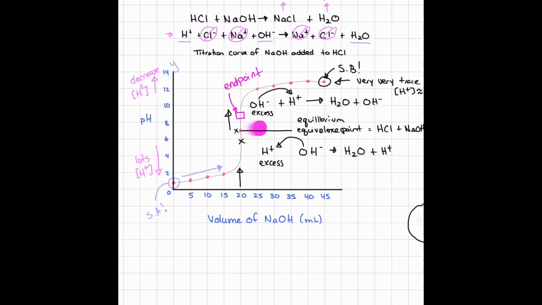As you keep adding more and more, you'll start to see that the color is going to go to a very dark, pretty magenta color. And you want to end your titration when you notice there is a plateau happening here, and that means all of your H+ ions have been consumed. Much like over here, when you started off with 0 OH ions in the beginning.